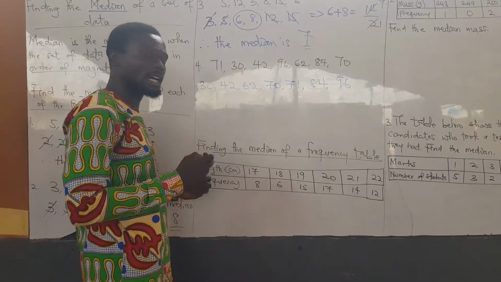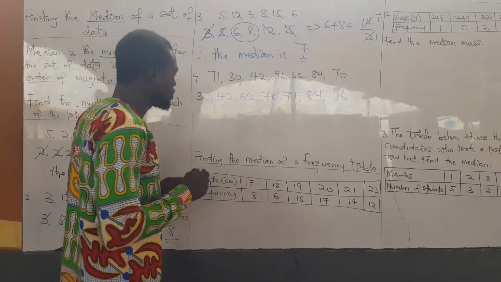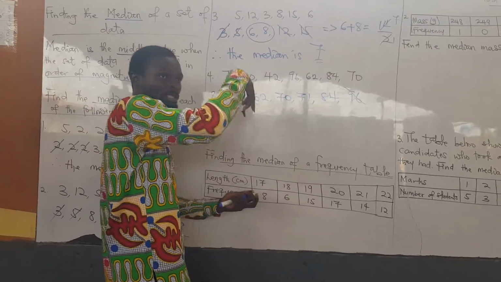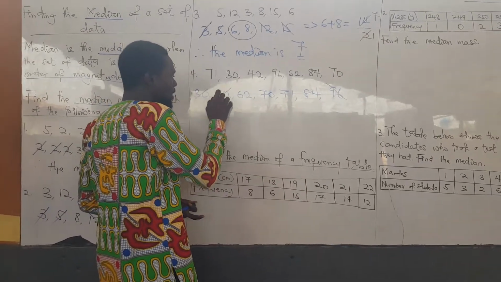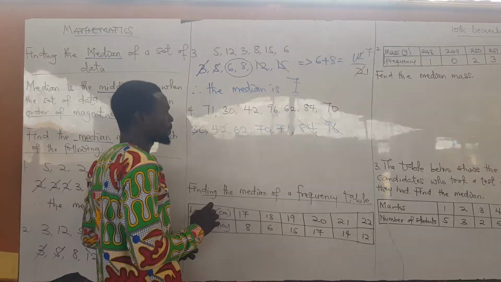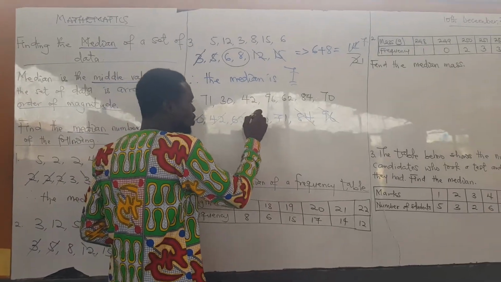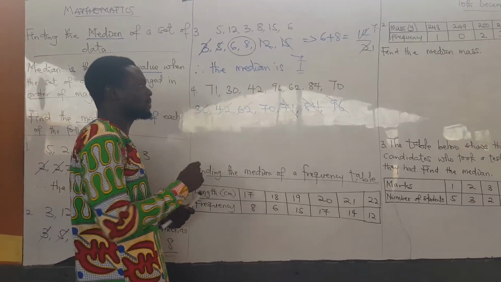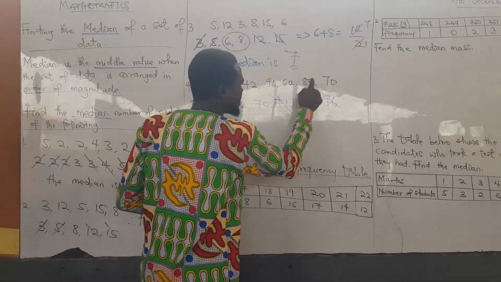Let's see if we can fish out the middle value. 30 will knock out this one, this will knock out this, and this is also going to knock this one out. So we are going to get 70 in the middle: 1, 2, 3, 4, 5, 6, 7.